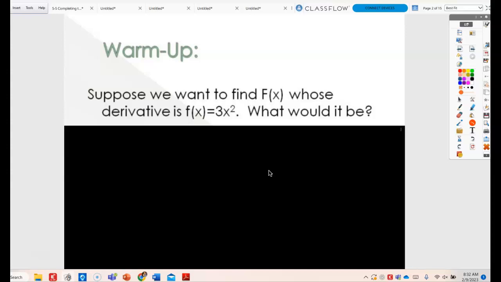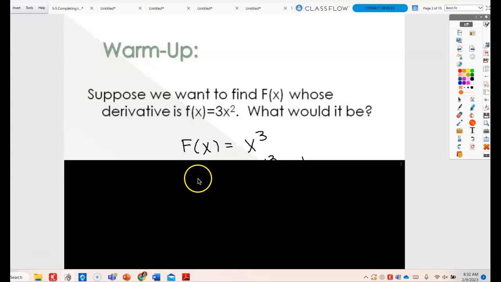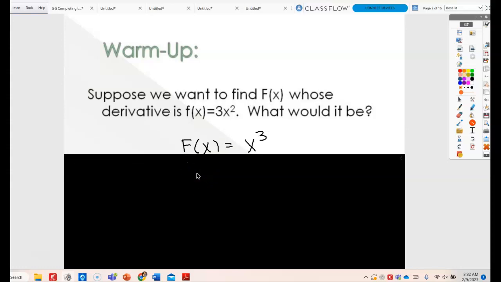What would it be? So antiderivative says you add a power, divide by the new power, right? So if you know that capital F of x represents the function that came first, then f of x is kind of like F prime of capital F of x. So the function that will come before it is F of x equals x cubed.